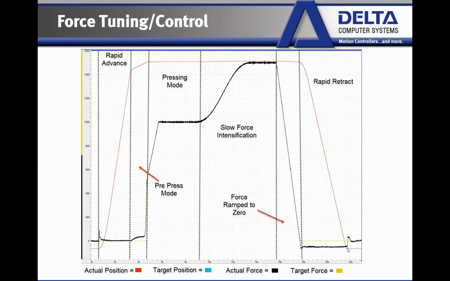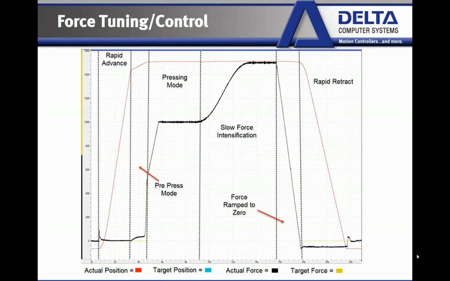We retract back here, and we're able to lift that cylinder back up, lift that platen back up, and we're ready for another cycle. So this is our goal, right? This is what we're trying to achieve. Now, what I'm going to do is show you both a video of how this is going to look, and also how we would do something like this in our Delta programming.